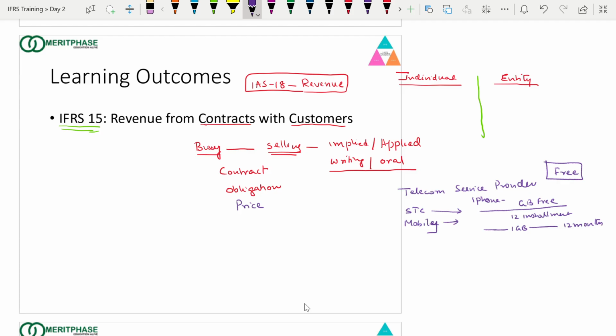They say that if you are buying an iPhone, or any gadget, separately, on a standalone basis, assume it will be somewhere around 300 Omani Riyals. If you are buying with the GB and all those things, they will say it is also 300.